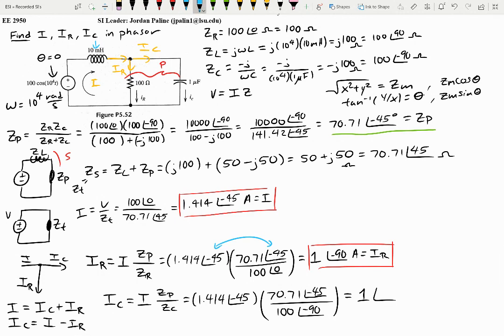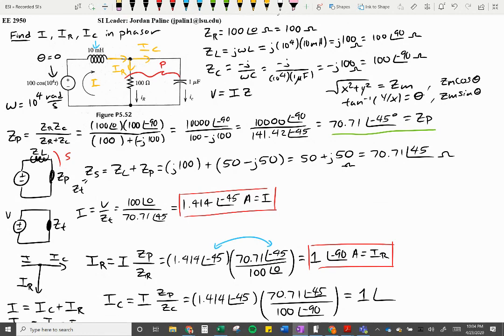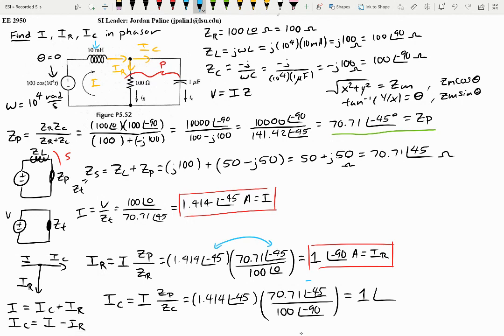Then we'll do negative 45 minus negative 90, which will give us positive 45. Then negative 45 plus 45 will give us an angle of 0. So this will be a 0 angle. Okay, now that will be I of C.